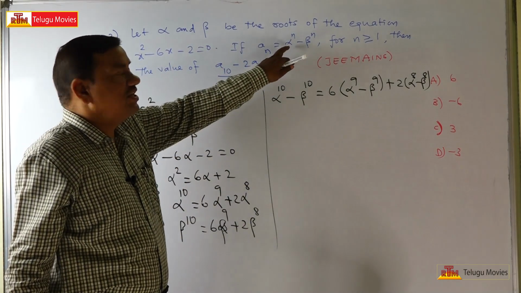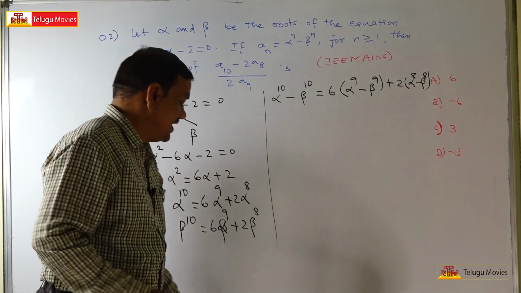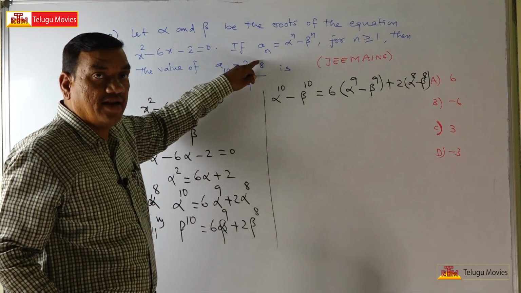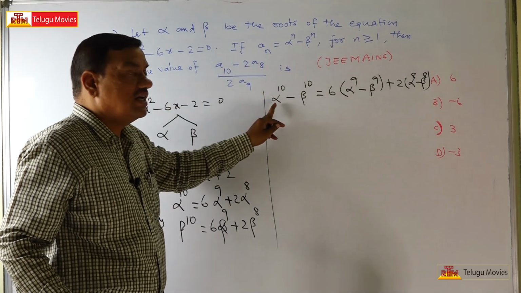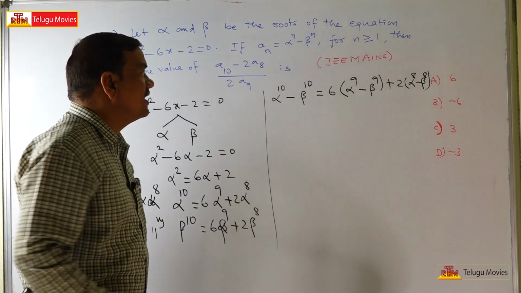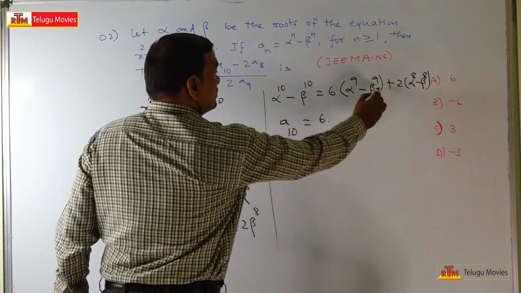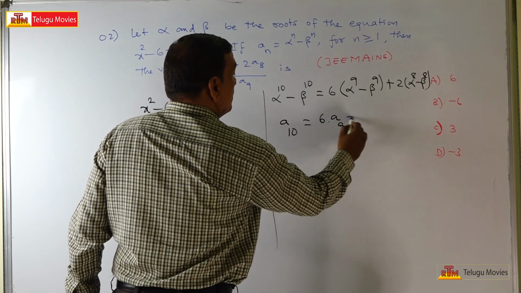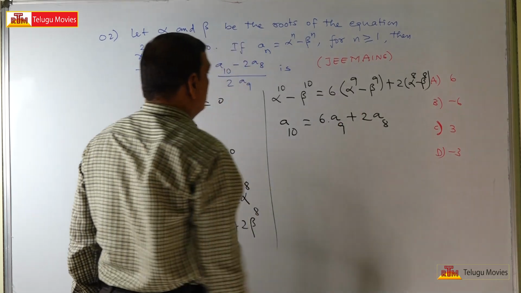Okay. If alpha power n minus beta power n is there, you can write it as an. That means alpha power 10 minus beta power 10, that is a10, is equal to 6 times this is a9 plus 2 times this value is a8.